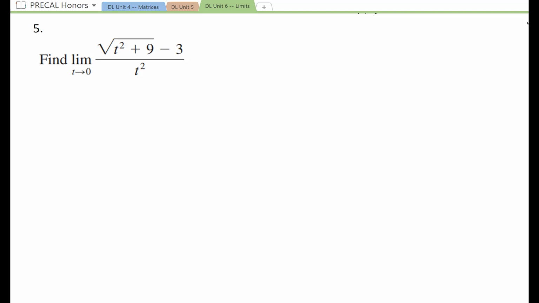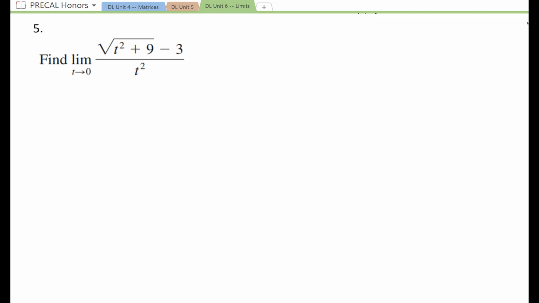First of all, we can't use direct substitution because we have a radical. So this function does not allow us to use direct substitution. We can use limit laws, but we can't use the quotient limit law because then we'll be dividing by 0. We have to do some algebra first.